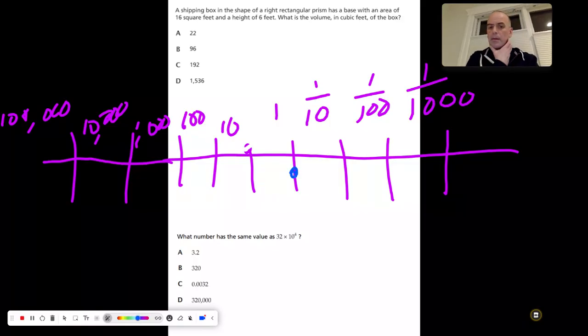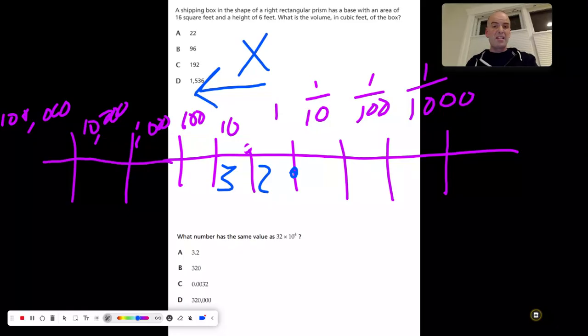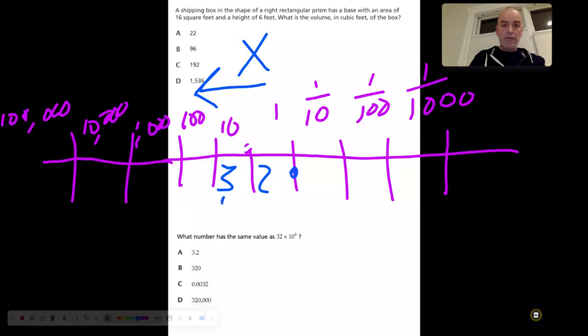So it says, what number is the same value as 32 times 10 to the 4th? So you put in 32. And we're multiplying. So if we multiply, we're getting bigger. Remember? So we go that way. Times 10 to the 4th. Well, 4 zeros, 4 places. So we take this and move it 4 places. 1, 2, 3, 4.